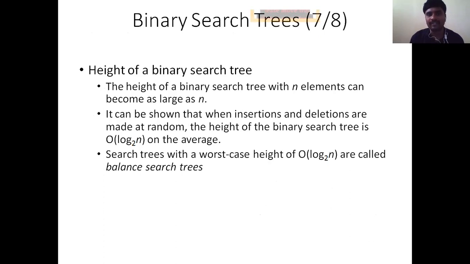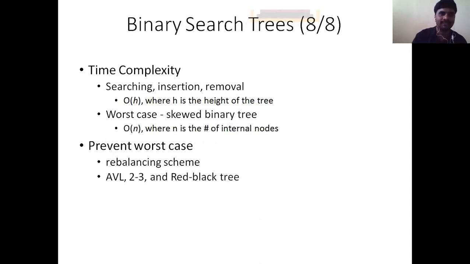It can be shown that when insertions and deletions are made randomly, the height of the binary search tree is log n base 2 on average. Search trees with a worst case height of log n base 2 are called balanced search trees.